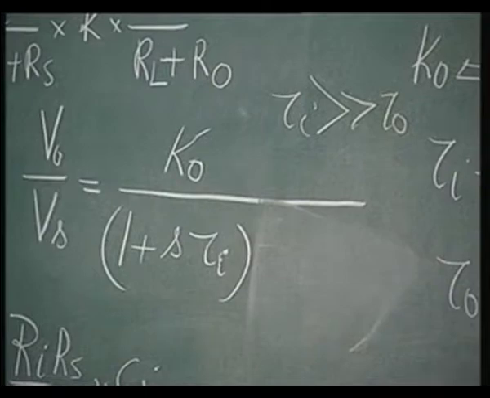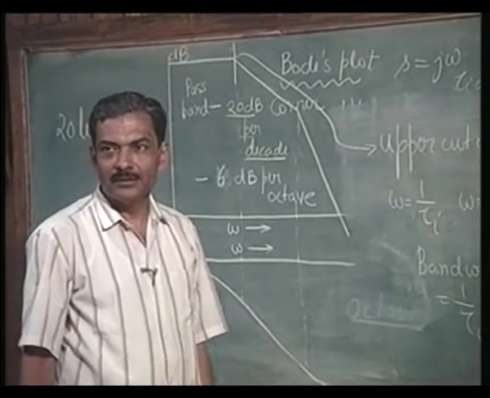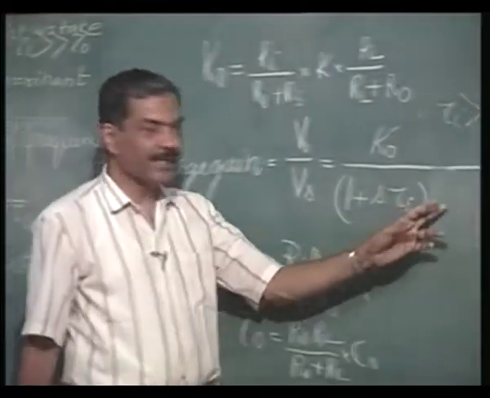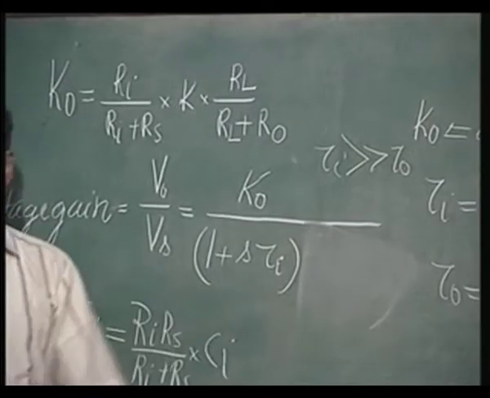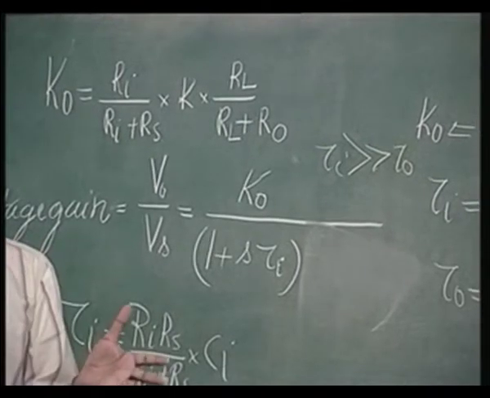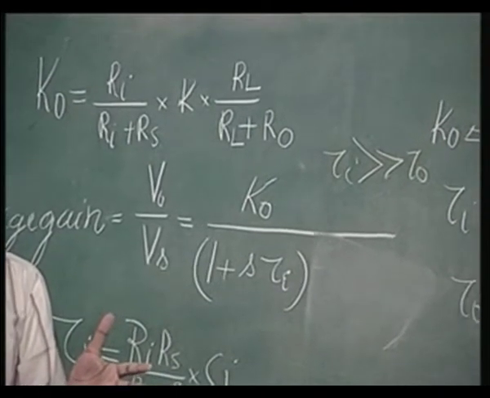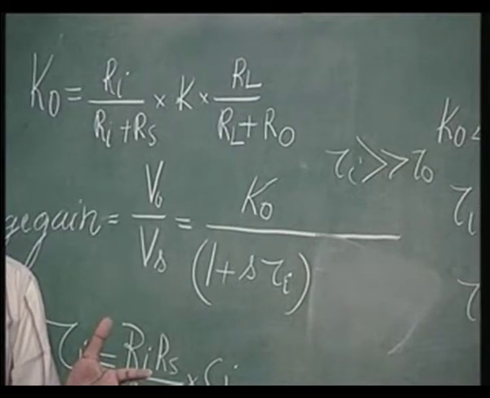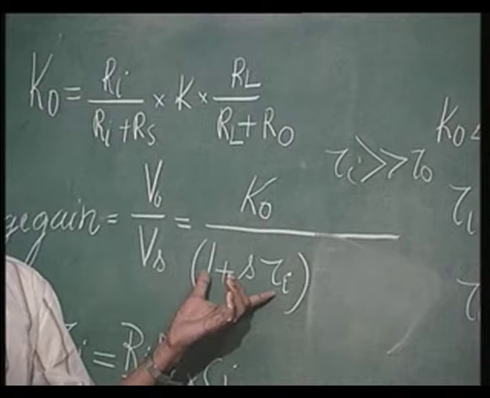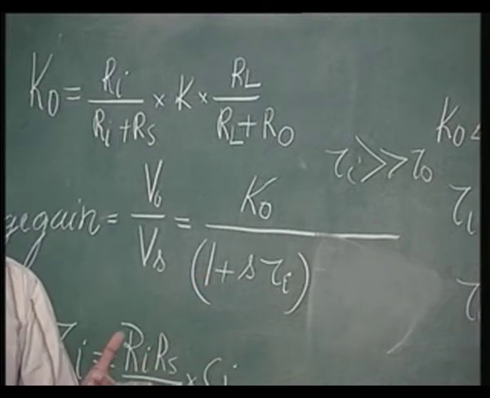It is this pass band. In that frequency range, it has no influence. So, this is a single time constant system. Is this clear? Dominantly determined by tau I.